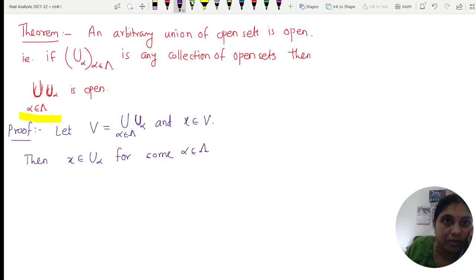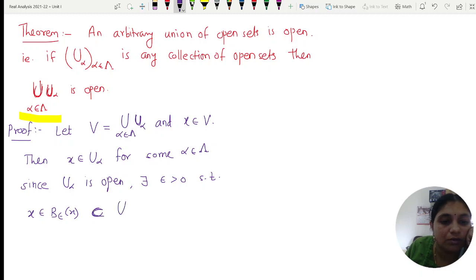And now, U alpha is open. Since U alpha is open, there exists epsilon greater than 0 such that x belongs to B epsilon of x, which is contained in U alpha.